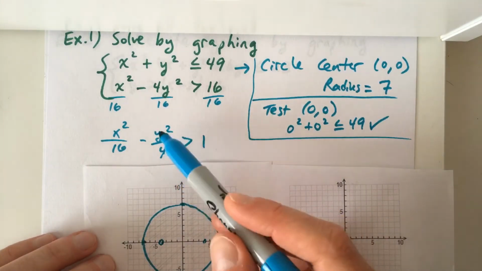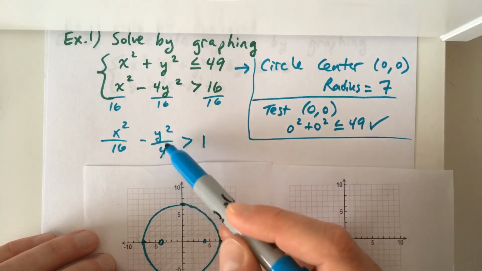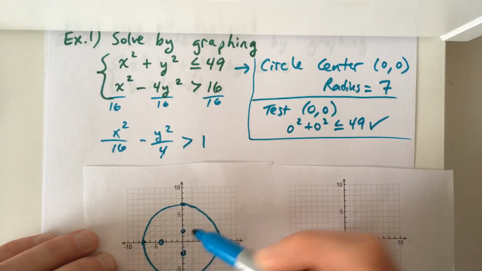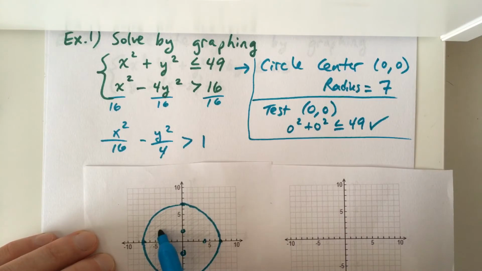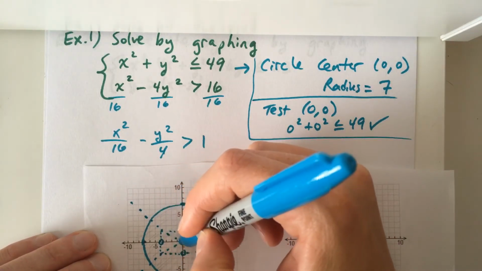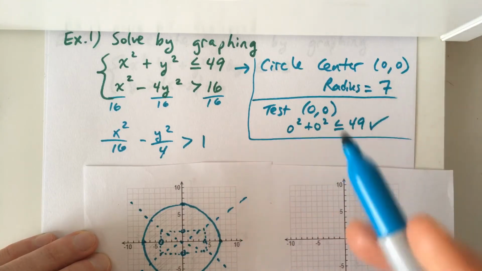In the y direction, 4 is the same as 2 squared, so we're going to go 2 in either direction. And those 4 points create our fundamental rectangle that's going to be used to graph our hyperbola. The asymptotes will also go through the corners of that fundamental rectangle and through the center.